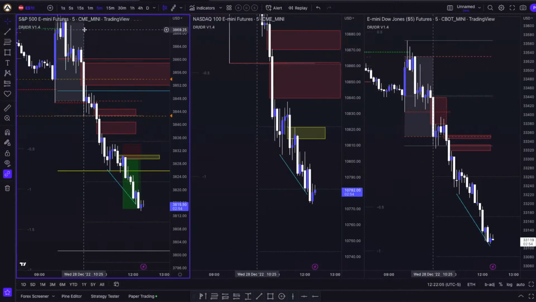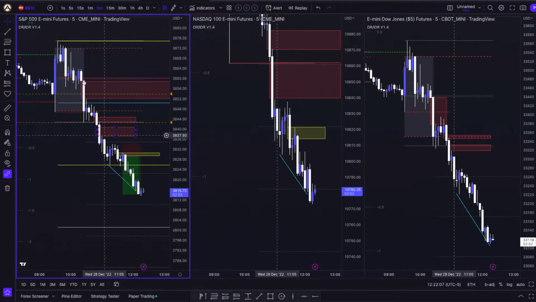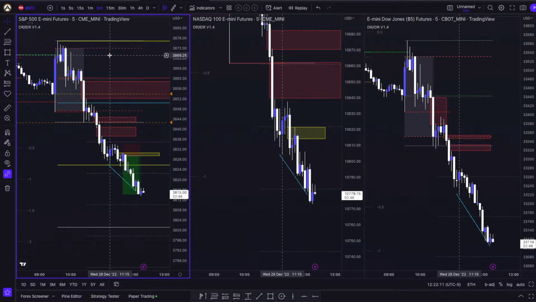Of course, you could have caught a beautiful entry on a lower time frame today. I just generally like to also have some time off. You don't have to trade every day, especially between Christmas and New Year's Eve.